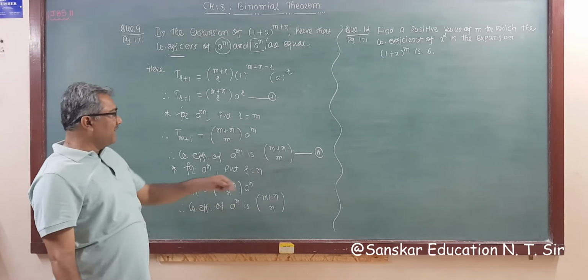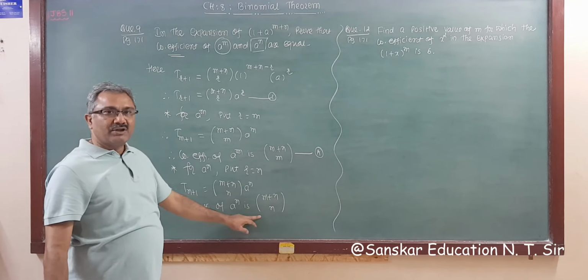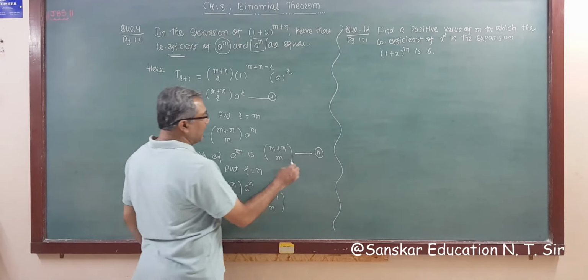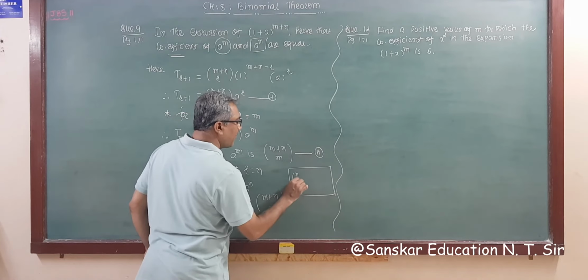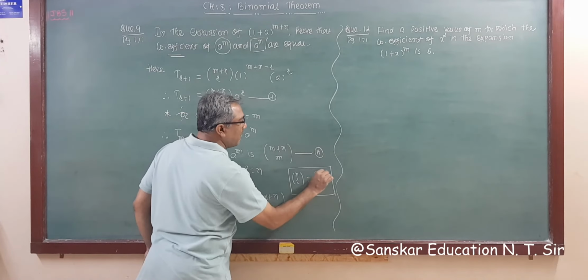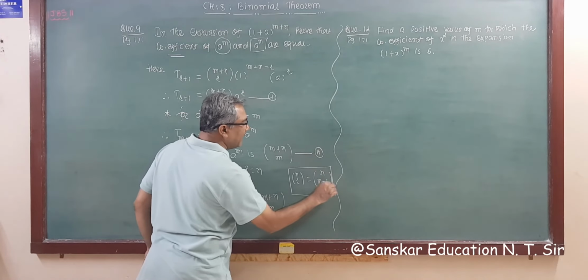Now we have to prove that this and this both are the same. So how? Now we have one formula: nCr is equal to nC(n−r), the subtraction of n and r.